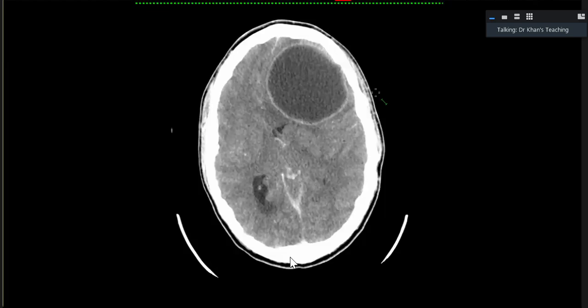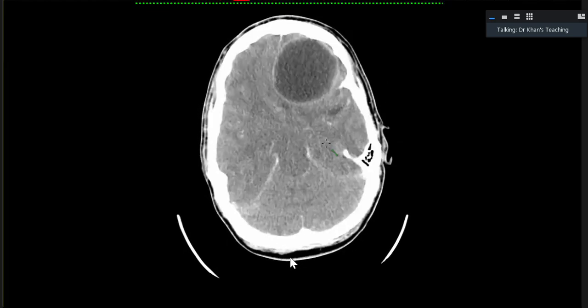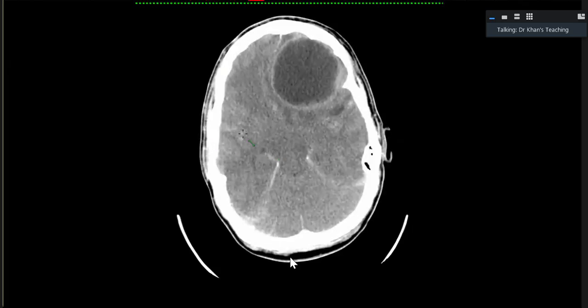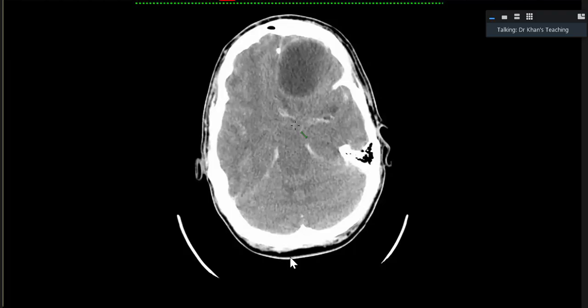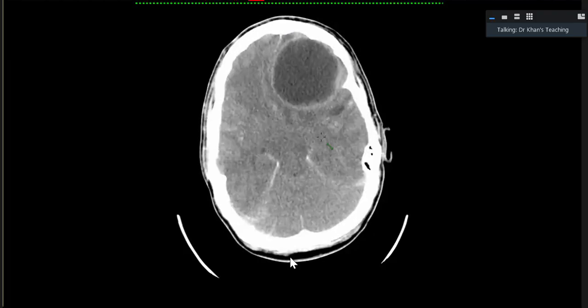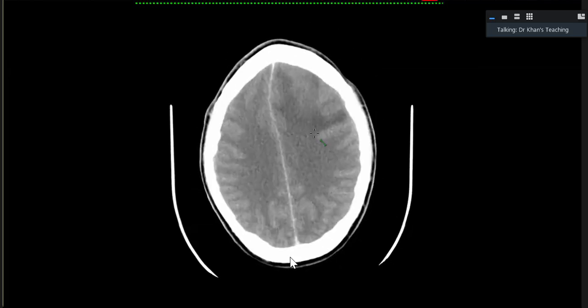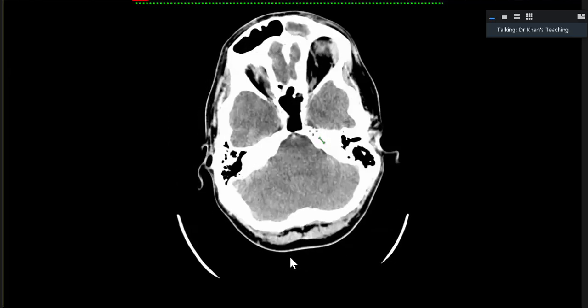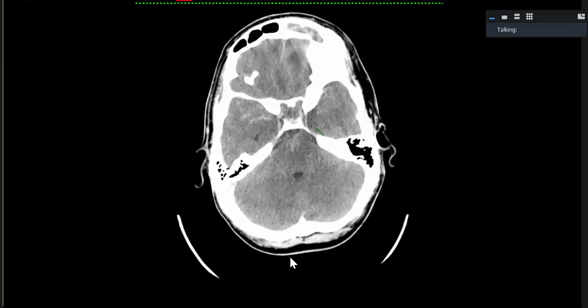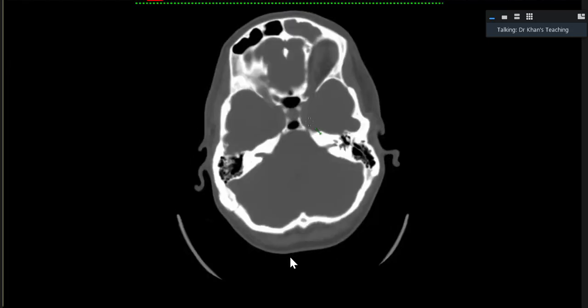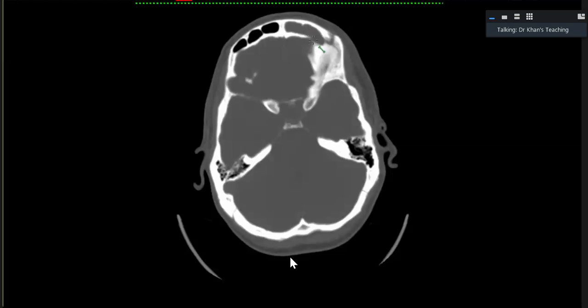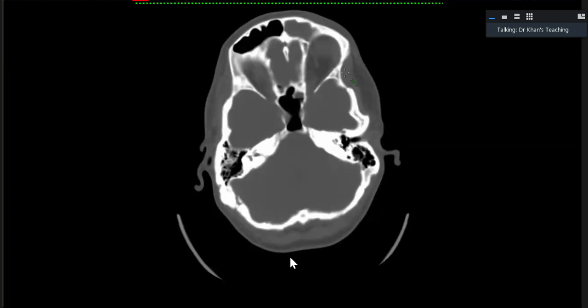With that, the midbrain is distorted, the cisterns around the midbrain are all effaced, and the suprasellar cistern is completely effaced, in keeping with transtentorial herniation. So use all of this to get a bit more brownie points. Now, as far as the bone window is concerned, there is a dehiscence here in the posterior wall, and there is something in the anterior wall.